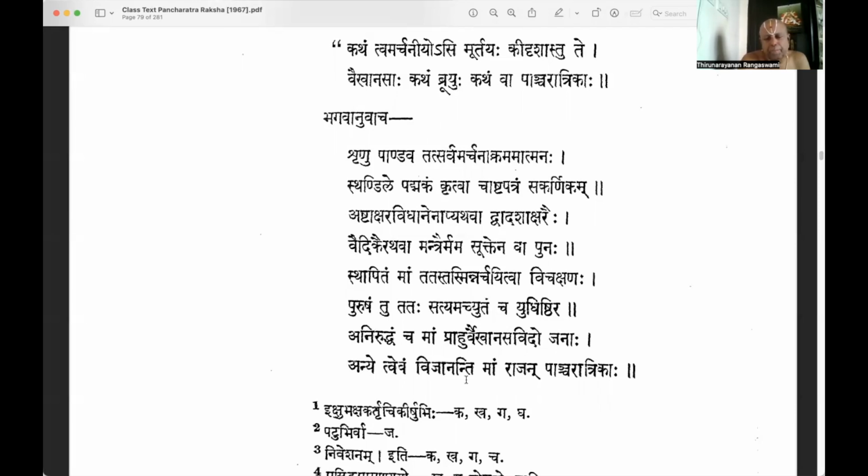Vaikhanasaha, the people of Vaikhanasa tradition, bruyuhu, what may they say, or what they ought to say, or what they should say. Bruyuhu. Katham va Pancharatrikaha bruyuhu. In difference to their Vaikhanasa tradition, then how are the Pancharatrikas? Explain the procedure. What are the differences?